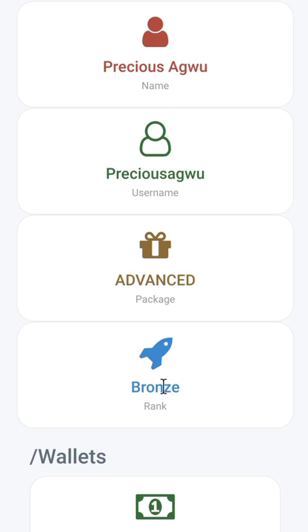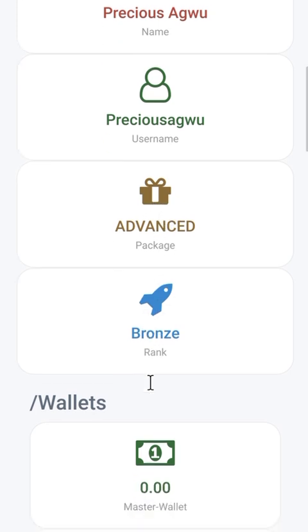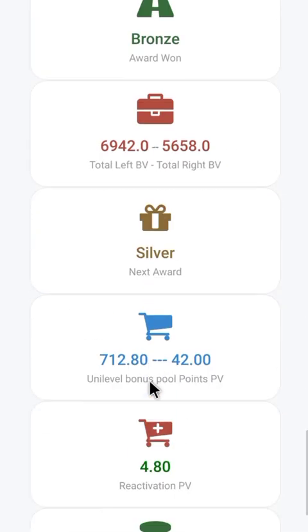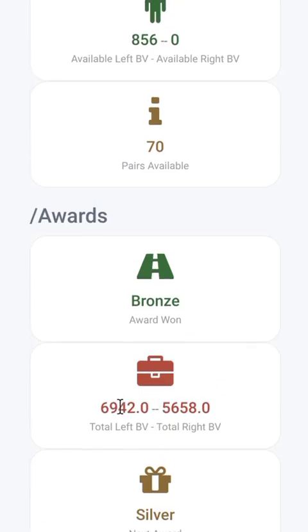Will be silver rank. And of course, you know that the requirement for silver rank is that you need to be on Excel package, and then your points value left and right, that's it, your award PV left and right needs to be up to 11,000 PV on the left and 11,000 PV on the right.